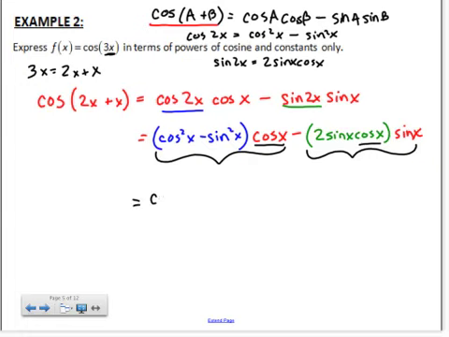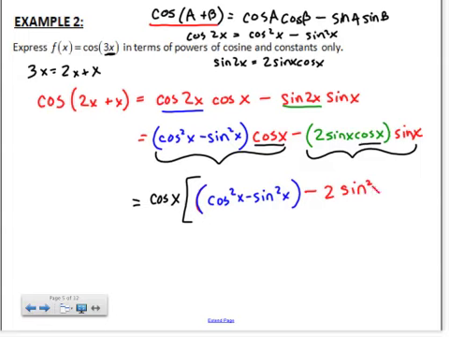So this gives me the cosine of x, that's what I took out, and the leftover stuff is cosine squared x minus sine squared x minus, what I have left over here is 2 sine squared x.